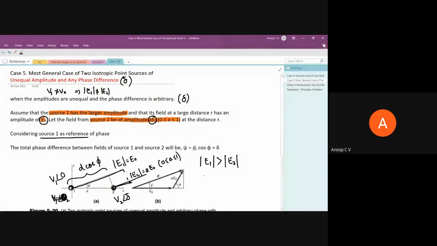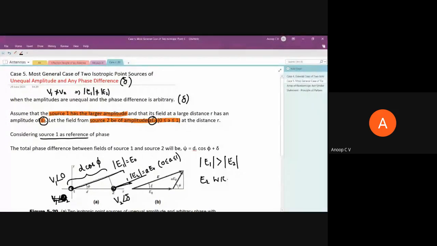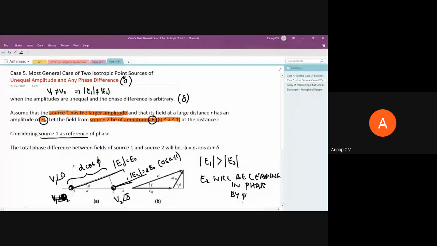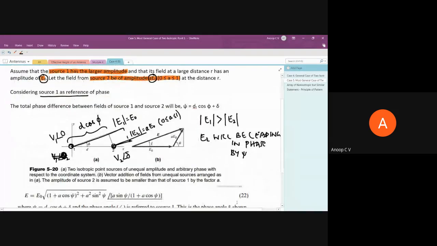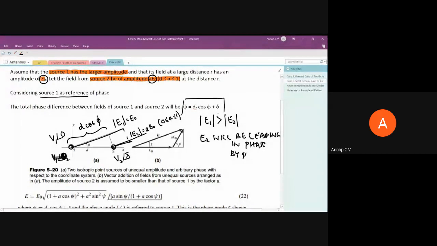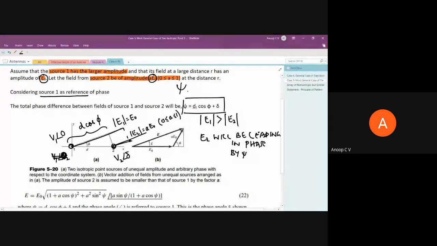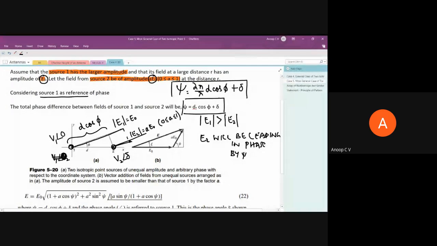So E2 will be leading in phase by an angle psi, where psi you can straight away write as 2 pi by lambda times d cos phi plus delta. So E2 will be leading by an amount psi compared to E1.